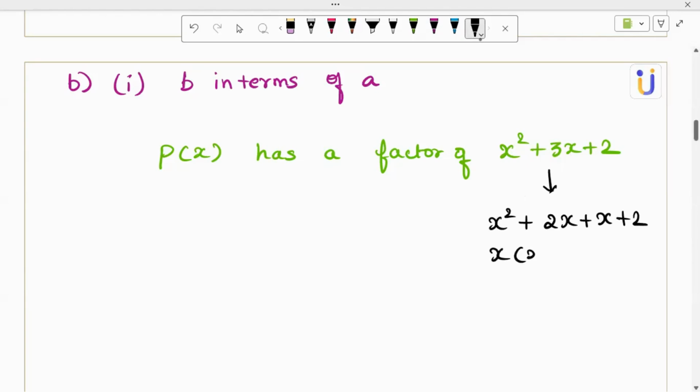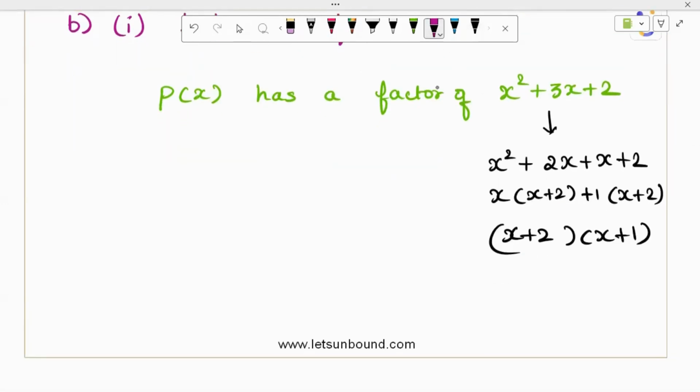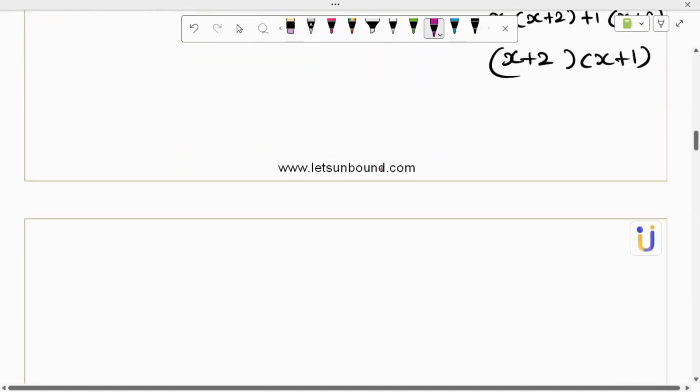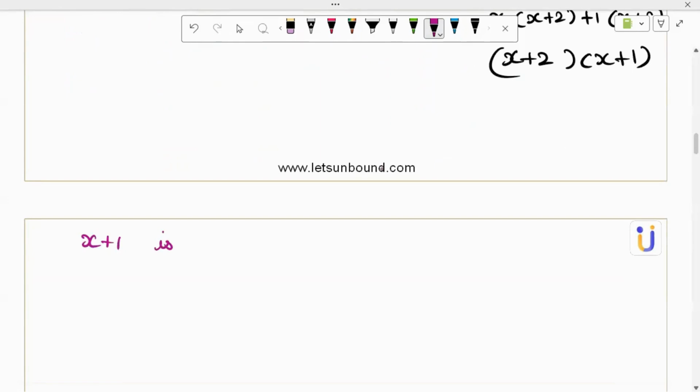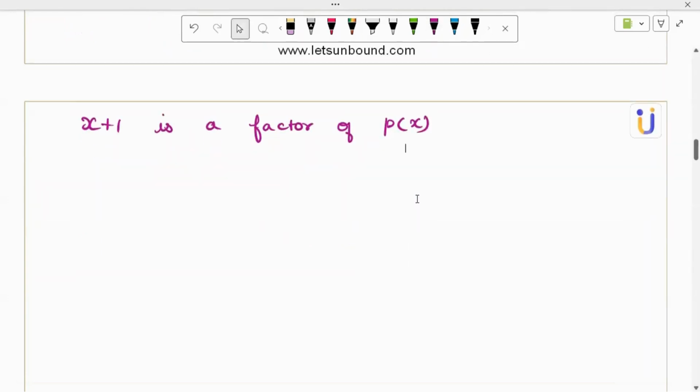Take x common, it will be x plus 2, and take 1 common, it will be x plus 2 again. So x plus 2 into x plus 1. So since x plus 1 is a factor of P of x, by the factor theorem, P of minus 1 will be equal to 0.